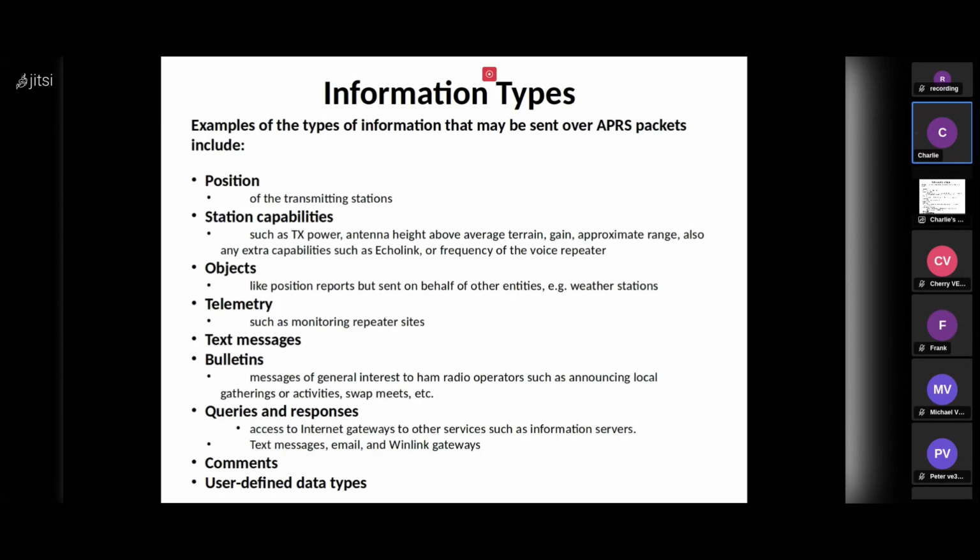There's information about the station capabilities. For example, if it's at a repeater site, it might be interesting to know what the transmission power is, how high the antenna is, what gain the antenna has, possibly a range of the station, or some information about that particular location, like does this repeater also support Echolink, or what the APRS frequency is, because it's the same everywhere, but what is the frequency of that local repeater?